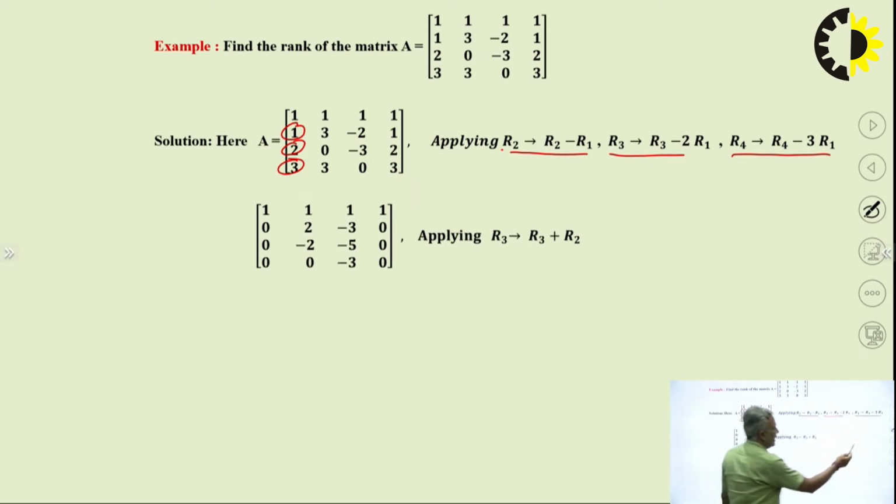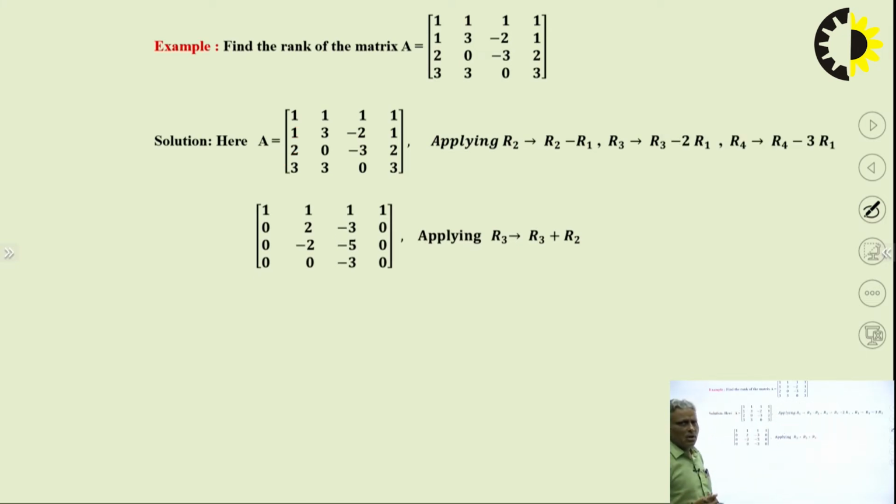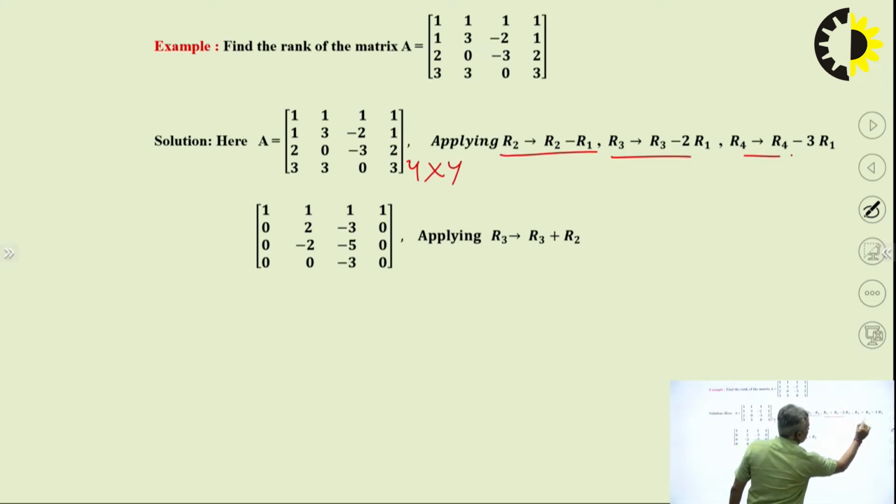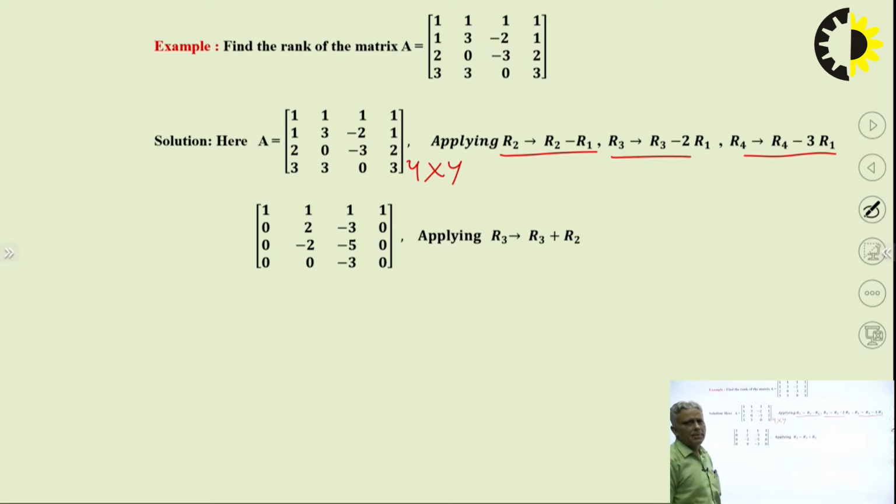We see very carefully. When we do the calculation, we apply the operations all together. Suppose there is a 4 by 4 matrix, so 3 operations are applied together: first operation, second operation and third operation. So students, keep in mind all three operations are applied together. First apply R2 arrow R2 minus R1.